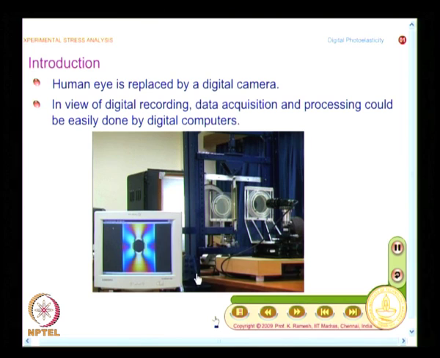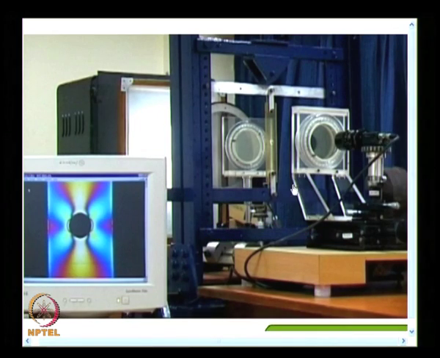So, what do you do in digital image processing? You replace the human eye by a digital camera, and this is what I have here. I have a basic polariscope, and instead of a human being viewing the fringe pattern, I have the CCD camera and I have this model plate with a hole, and I see beautiful fringe patterns on the computer.